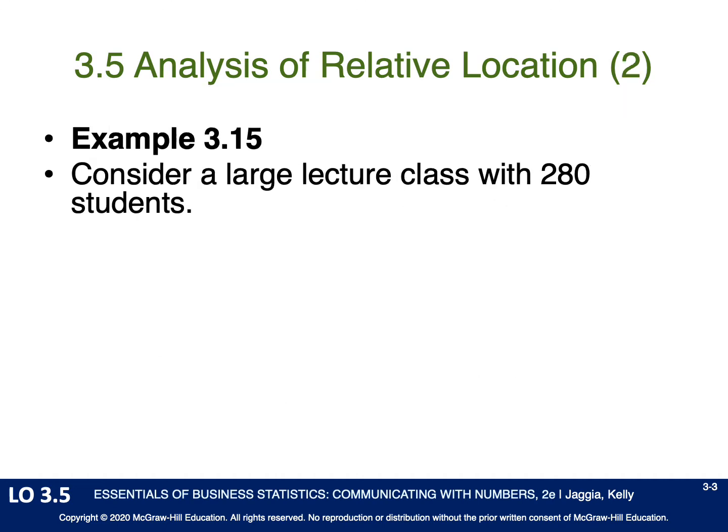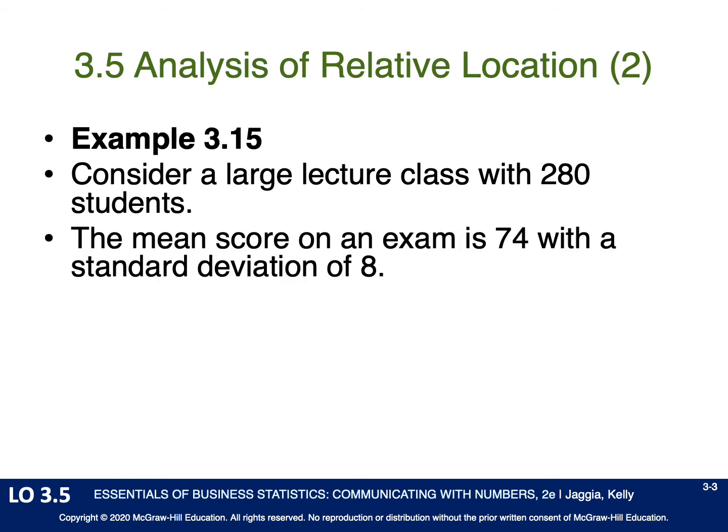So let's consider that we have a class with 280 students in it, and they all take a test, and the average score, the mean score, is a 74, and the standard deviation is 8. So if we wanted to see how many students scored within 2 standard deviations, so we just picked 2 because that's kind of a normal one.